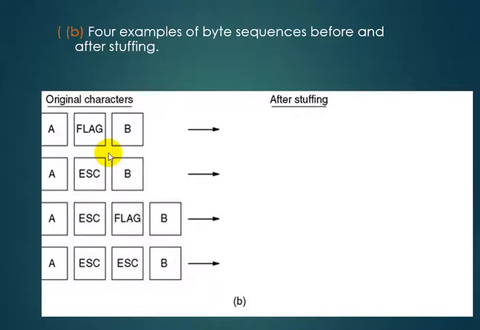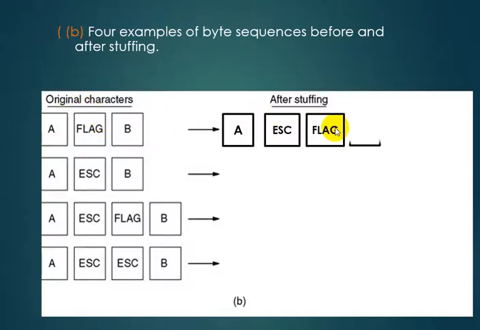Let us see. Here, including A, a flag is there. The flag byte should be followed with an escape character. So A, then the escape character, flag and B. And here an escape is there, so again include another escape character.